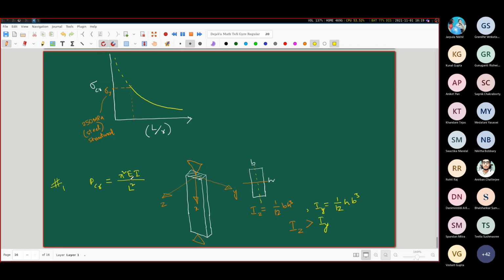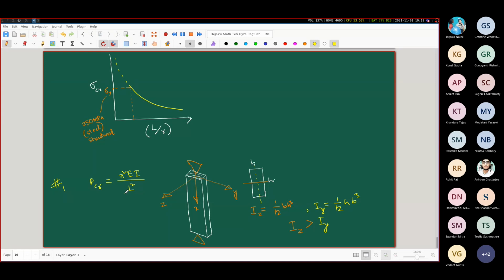If you take IZ, you will get a certain value of P-critical. If you take IY, you will get another value of P-critical, because length is length, Young's modulus is just of the material, pi is a constant. So P-critical depends crucially on which value of the I you are taking. Definitely if you take IY, your P critical will be smaller than if you take IZ.